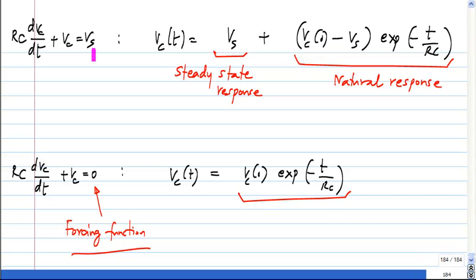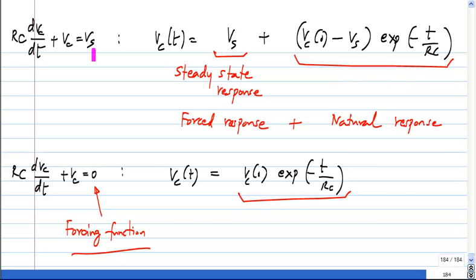By the way, the steady state response is also called the forced response, and this part is called the natural response. And this other terminology I messed up a little bit. You either call it forced plus natural, or steady state response plus transient response.